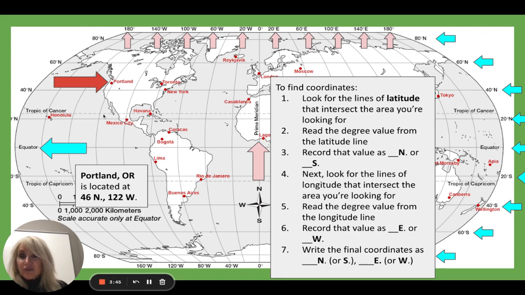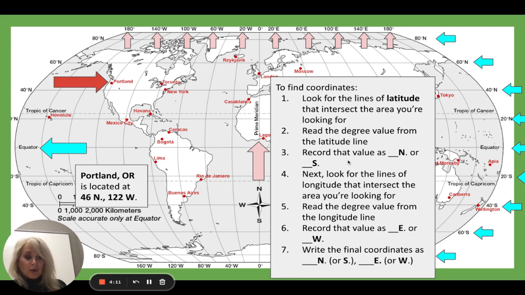Wait, sorry, that's 120. So I'd say Portland is about 122 degrees west, or left of the prime meridian. So I would record the value of Portland as 122 degrees west. So that is the way I would find the GPS coordinates for Portland, Oregon.